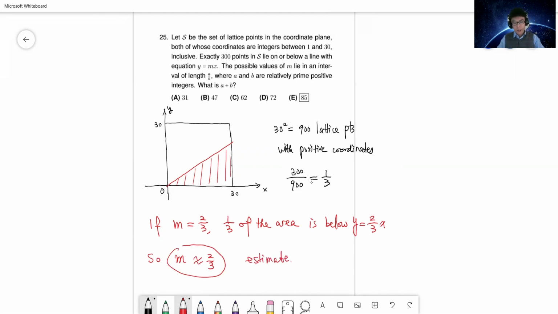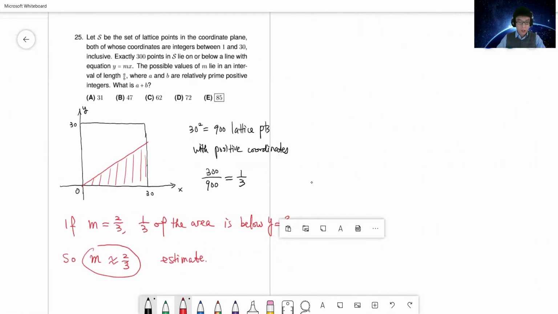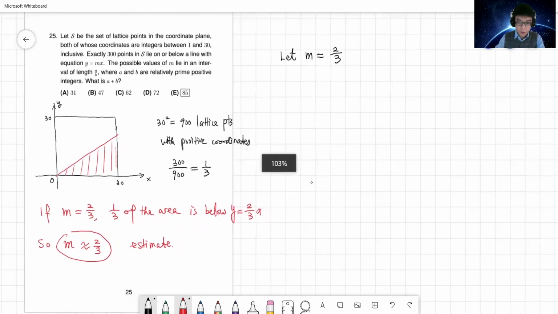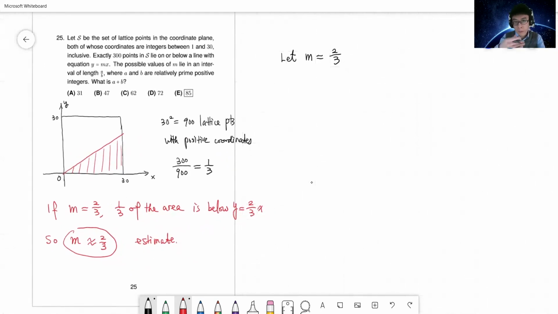Now let's check how many points are on or below the line if m equals 2/3, and then we can adjust if necessary. So consider m equals 2/3. So let's see how many coordinate lattice points are on or below this line.